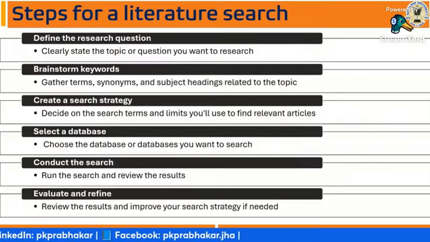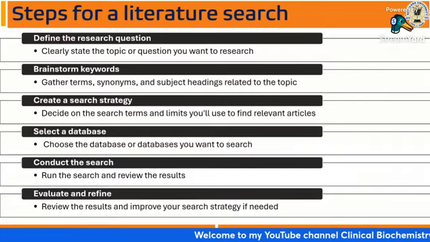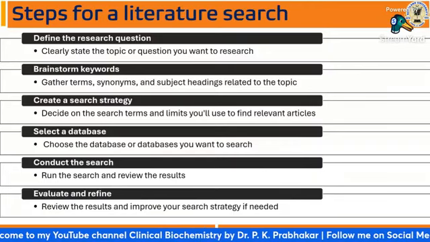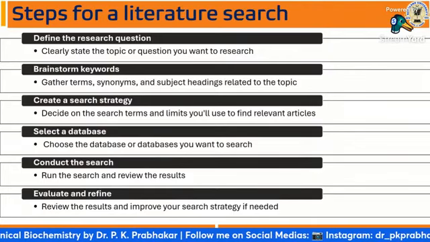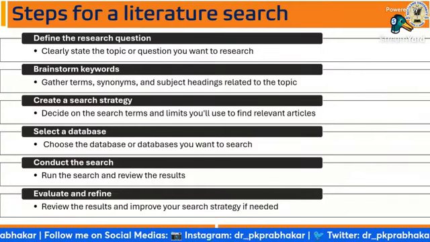Break your research question into the main concepts. Think of synonyms, related terms, plural or singular versions, acronyms, and alternate spellings. For this we normally use tools like the MeSH database for biomedical topics. If you go to the NCBI database, you can find the different MeSH terms.